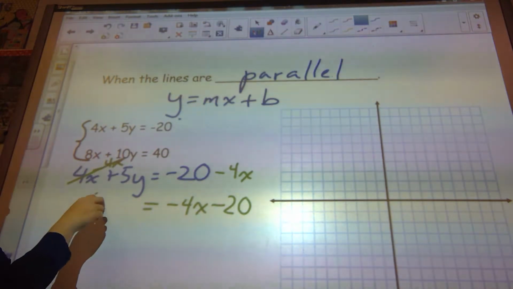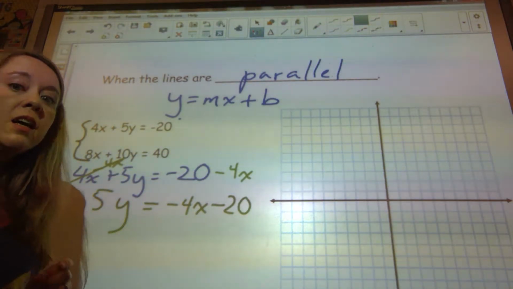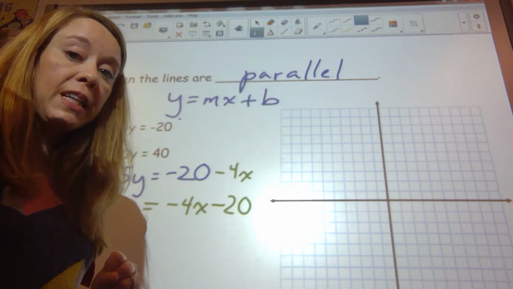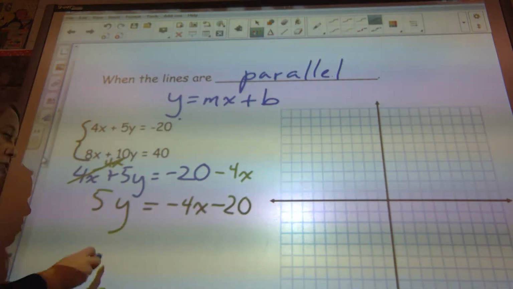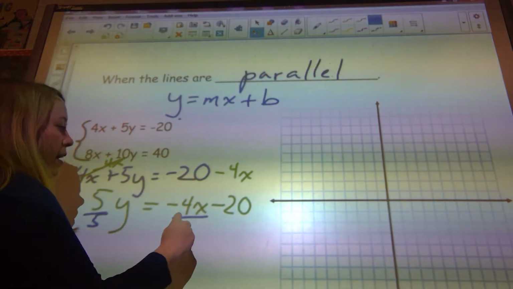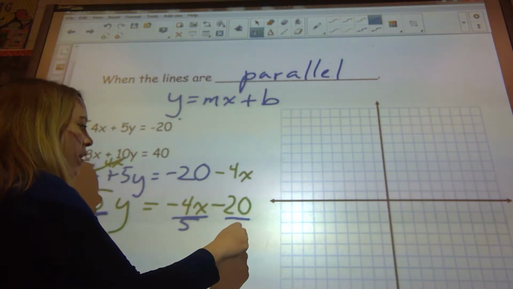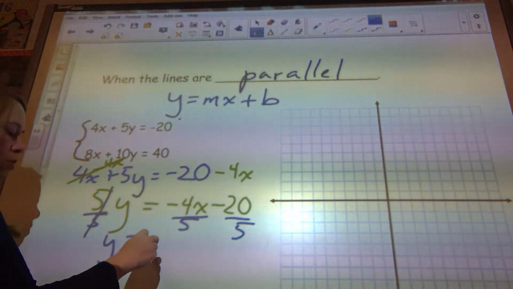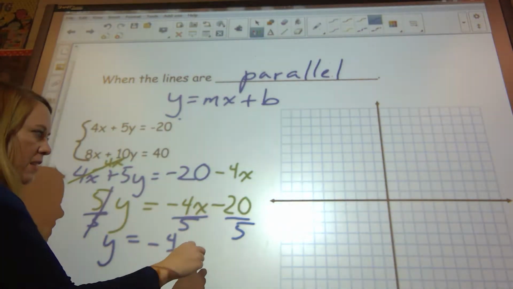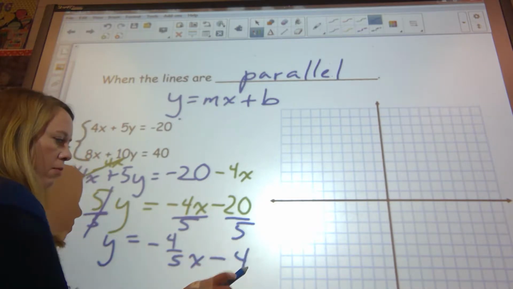Over here now, I still have my 5y. I want my y to be completely alone, so I'm going to do the opposite of multiplication. I'm going to divide everything by 5. And if I do that, then I've got y equals negative 4/5 x minus 4.